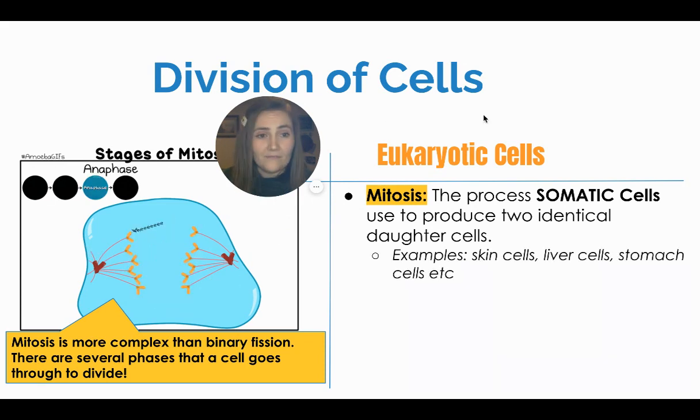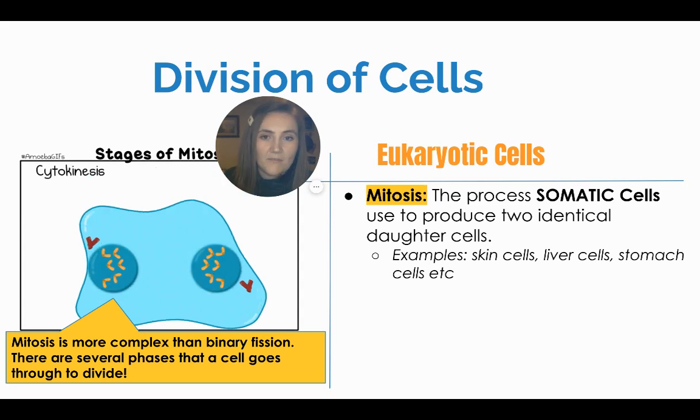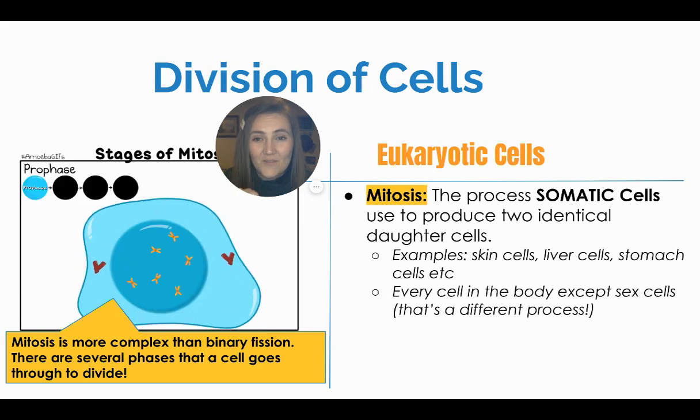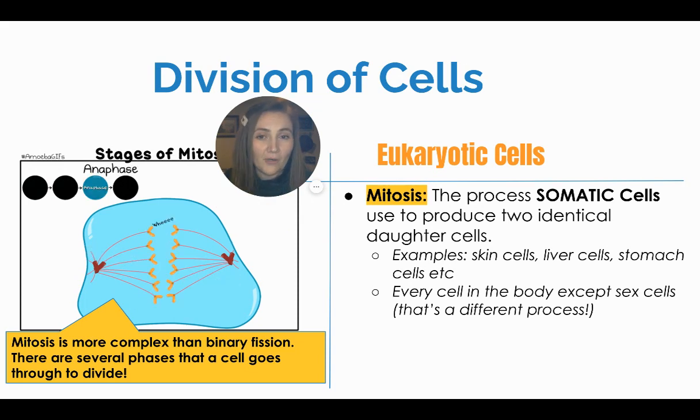So what kind of cells are somatic cells? Basically any cell found in the body: skin cells, liver cells, stomach cells. But there's an exception to one cell that does not use this process to divide, and those are the sex cells. So sperm and egg use a different process.